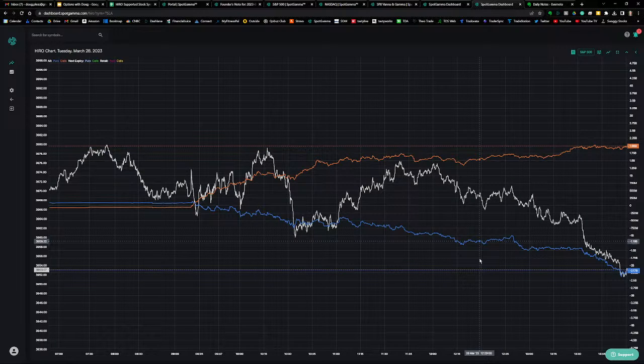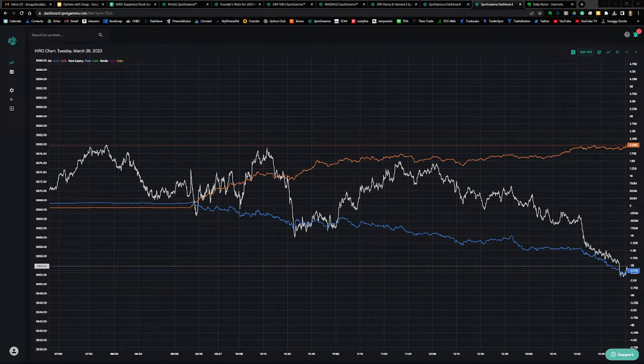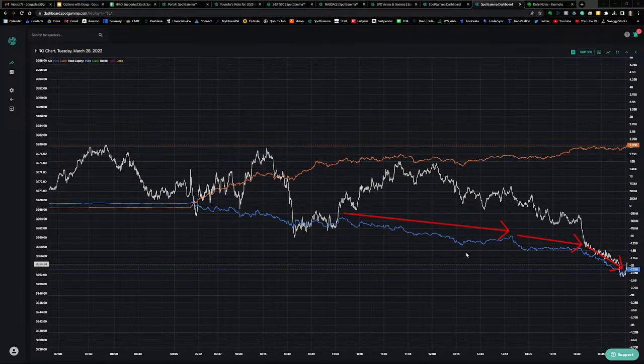Traders are buying calls and buying puts, but the put buyers are winning. Right now, it looks like they kind of accelerated lower right around 12:45 as that line gets steeper.